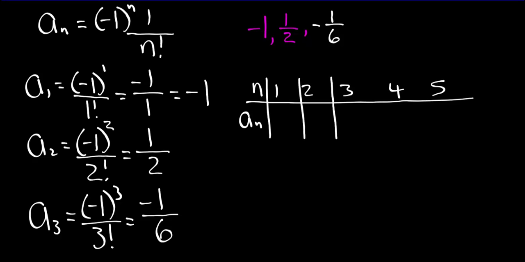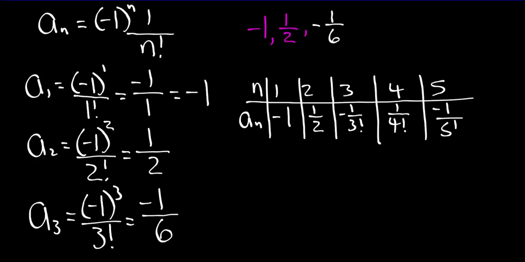Now let's just take a minute and dig what's happening here. This is -1. This is 1/2. This is -1 over 3 factorial. Now this next one, we would have (-1) to the fourth power. That's 1 over 4 factorial. -1 over 5 factorial. And you'll notice what's happening.